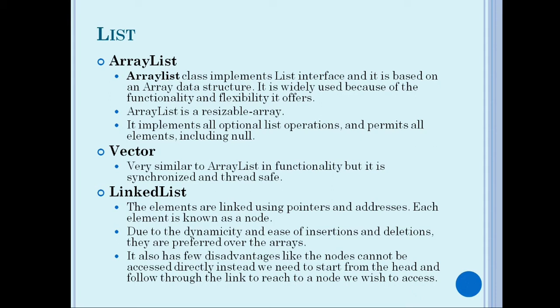If you define the size 100 for an ArrayList and then put the 101st element, it will automatically expand its size, normally by doubling. So when it reaches 100, it will automatically double itself so you can put more elements in it. That is the dynamic resizable array. It implements all optional list operations and permits all elements including null.